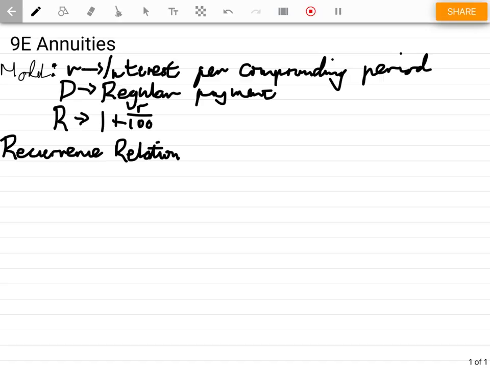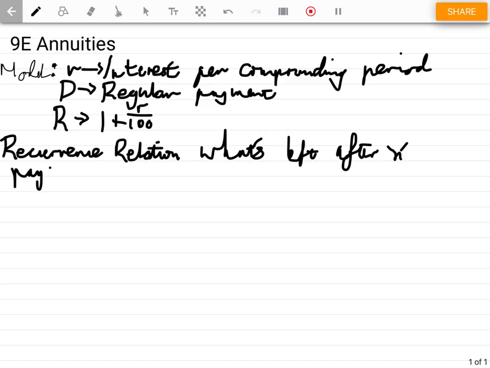The recurrence relation gives us what's left after n payments. V0 is equal to the principal, which will be the investment.